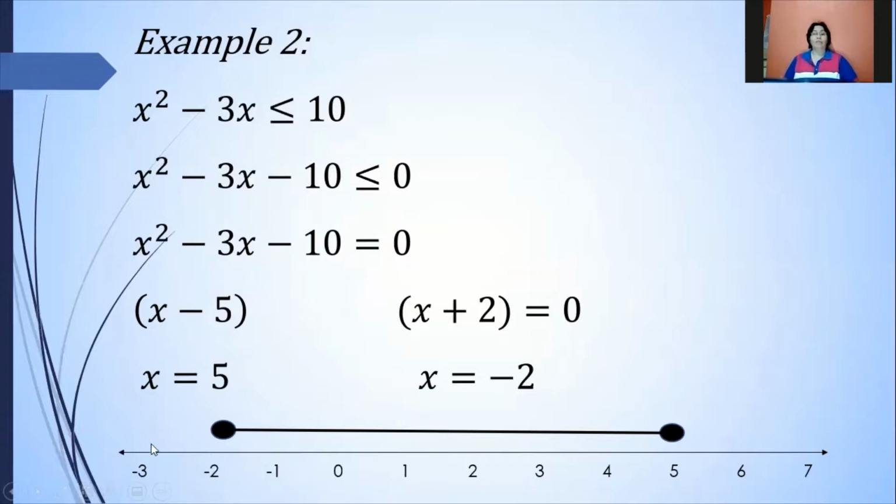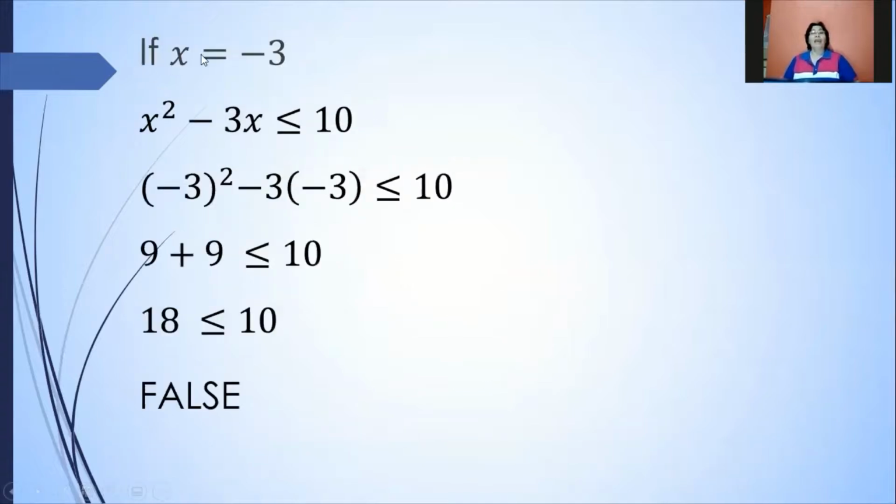Okay. To test, if x is -3, let us check. If x is equal to -3, x squared minus 3x is less than or equal to 10. -3 squared minus 3 times -3 is less than or equal to 10. -3 squared is 9.